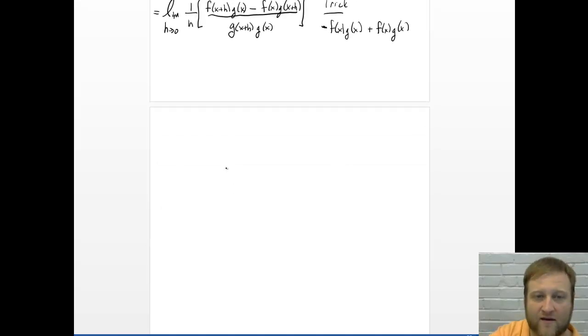So this will be equal to the limit as h approaches 0 of 1 over h, this will stay here. We will have f of x plus h, g of x.